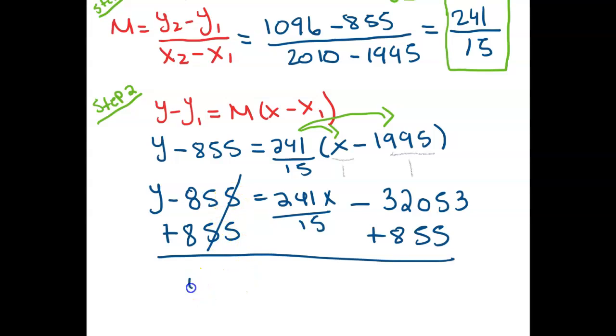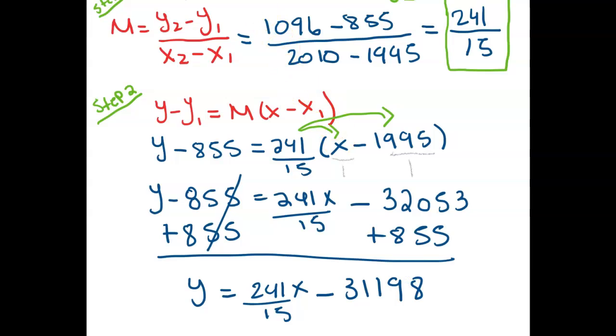So I have y equals 241x over 15. Now I need to add the 855. I forgot. Negative 32053 plus 855 gives me negative 31198.